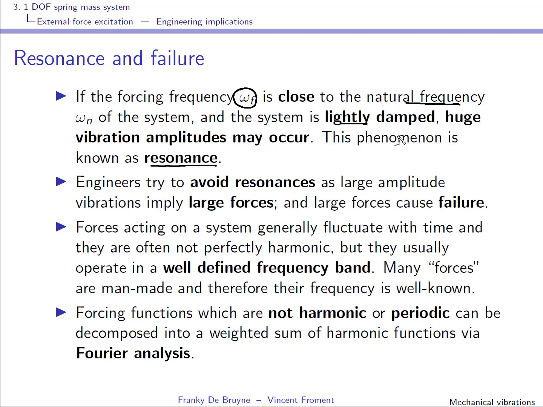You know that it's possible to know the forcing frequency of your external force. If it's harmonic, it's quite simple. Sometimes the force is not harmonic but periodic, but you know from the course on signals and systems that you can use the Fourier analysis, and that you'll have components at frequencies which are of course the fundamental but also the harmonics, so you can see if your forcing frequency is close to the natural frequency.